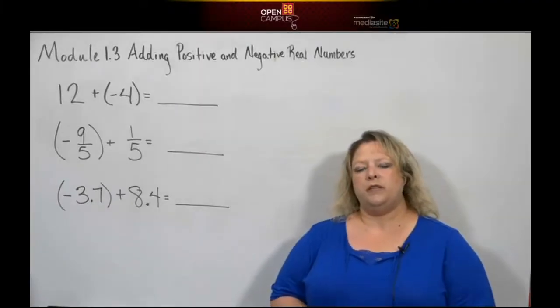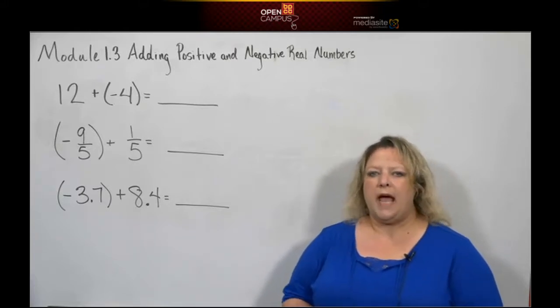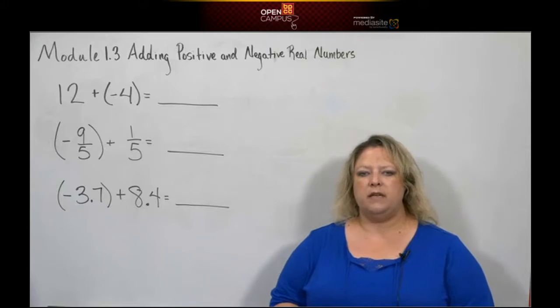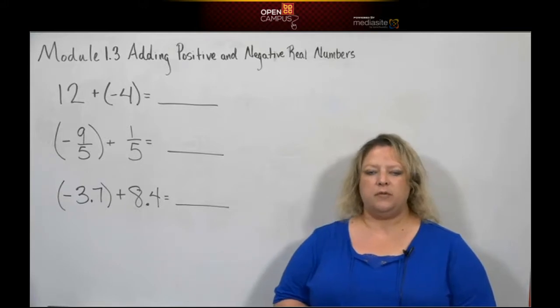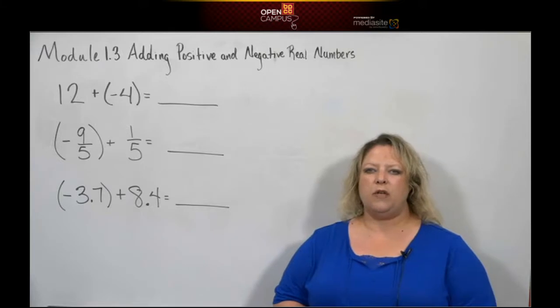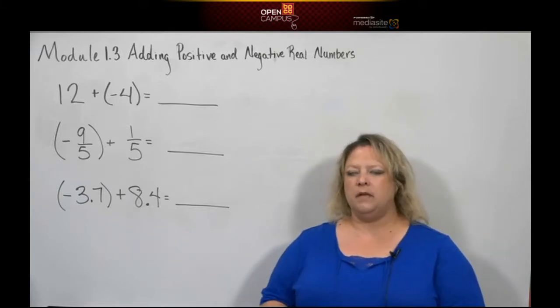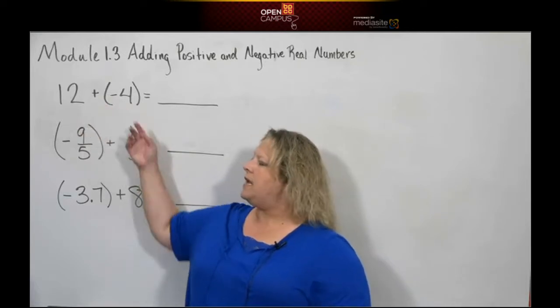In Module 1.3, the vocabulary part, we talked about the fact that when you're adding and subtracting positive and negative numbers, the goal is to do the operation of subtraction because they have different signs, so you can't just add them. So when we do this, this says 12 plus negative 4.